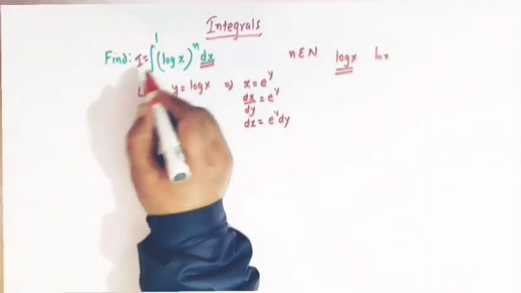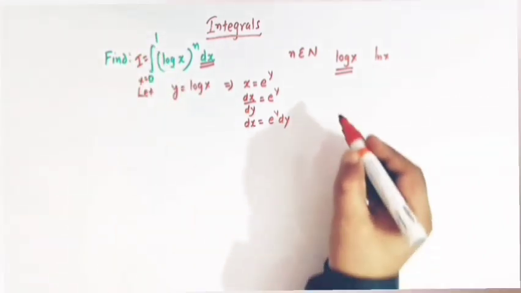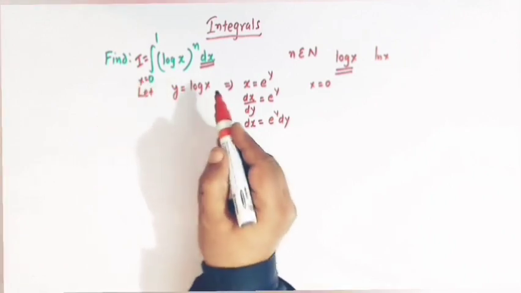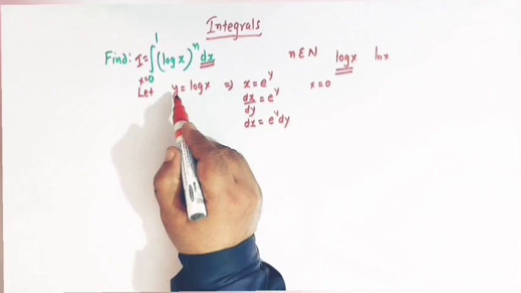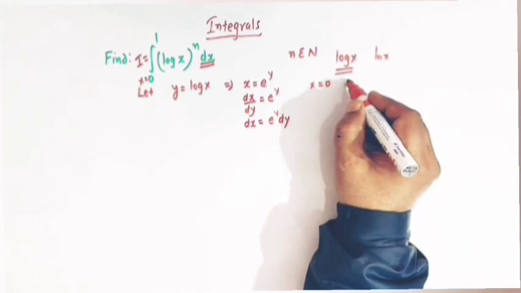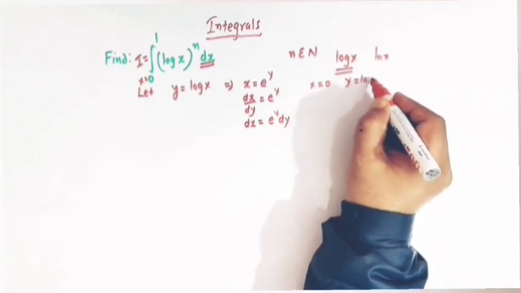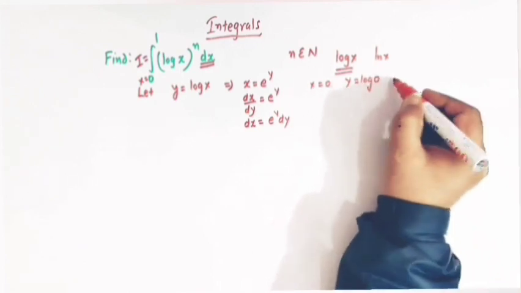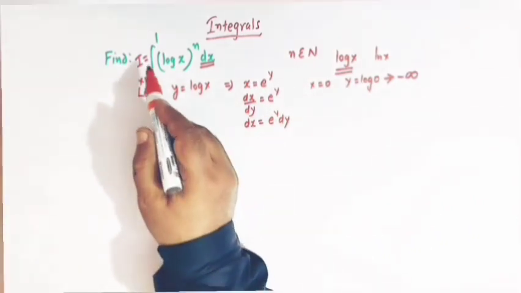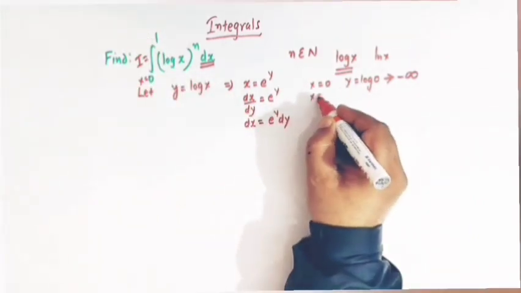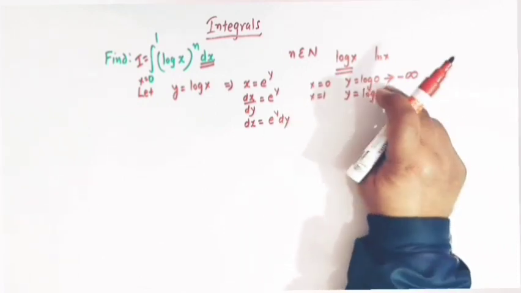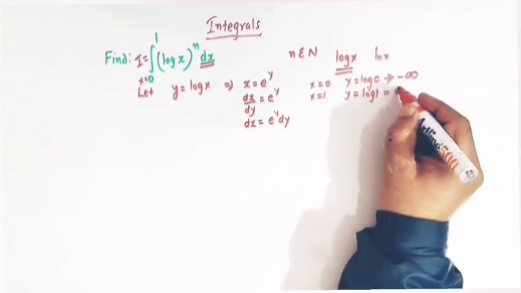Now here the limits vary from 0 to 1. So when we have the lower limit x is equal to 0, then y is equal to log of 0, and log of 0 tends to minus infinity. Similarly, when we take x is equal to 1, then y is equal to log of 1, which is equal to 0.